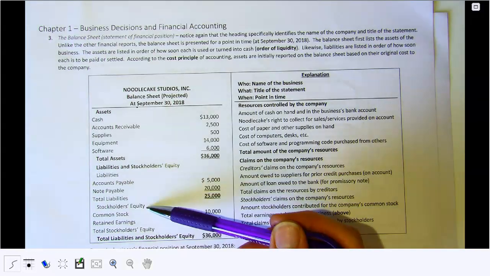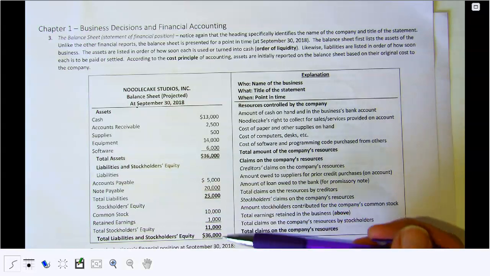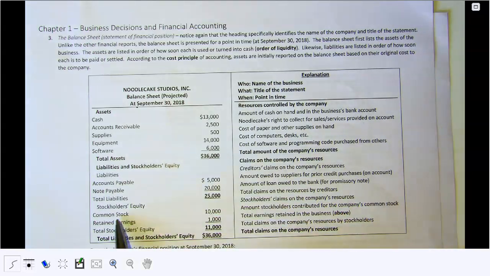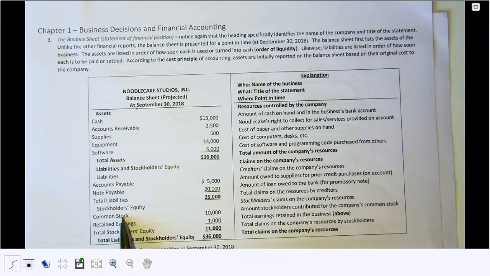And then the stockholders' equity section. Now, if you remember, we've got two parts to stockholders' equity. Common stock, which represents the amount stockholders have contributed to the company in exchange for stock. This is their original investment in the company. And then retained earnings, which we get from the statement of retained earnings, that represents the accumulated profits that the company has kept in the company.